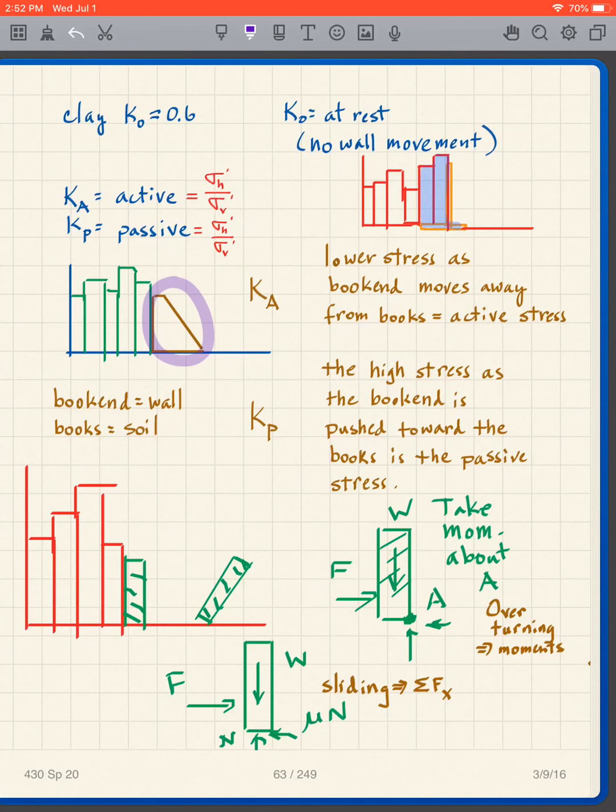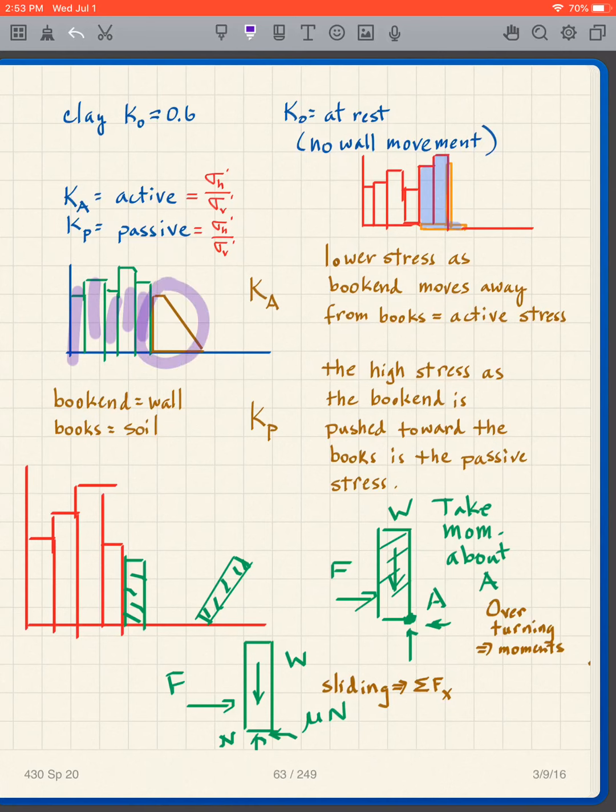I'm going to finish this in another lecture, but what I want you to think about is that you've all done this. You've all moved into a new apartment or something like that, and you needed to put your books up in the bookshelf, and you stack your books nicely. You take your bookend and you put it up there.